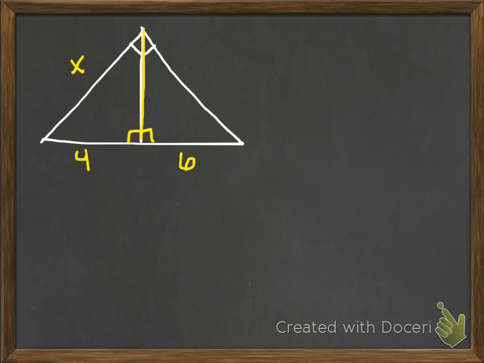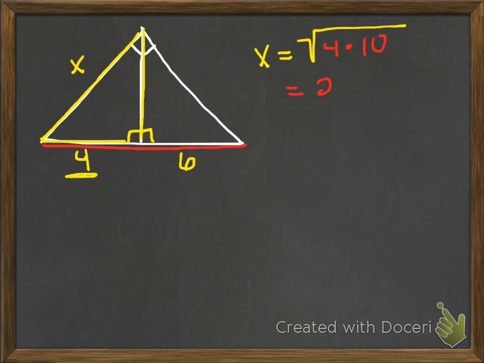This one says that the leg of the right triangle is equal to the geometric mean of the leg that's adjacent, so you have to use this side, and this is the adjacent side. It's equivalent to the leg that is adjacent and the total hypotenuse. So x is equal to the geometric mean of 4 times 4 plus 6, which is 10. We know that the square root of 4 is 2, so 2 times the square root of 10.